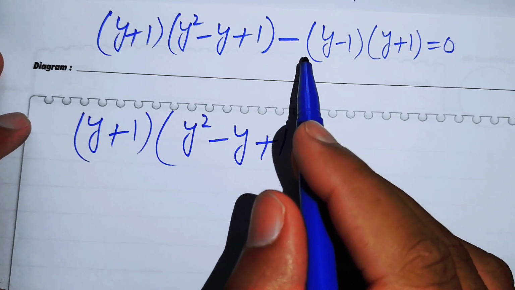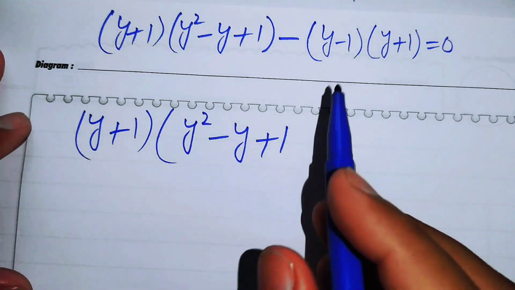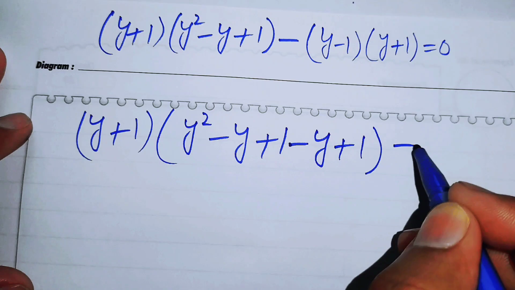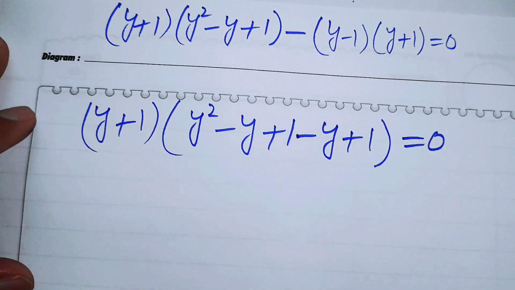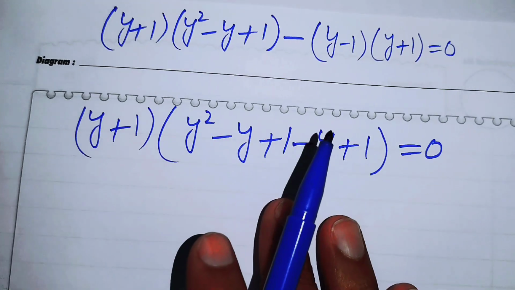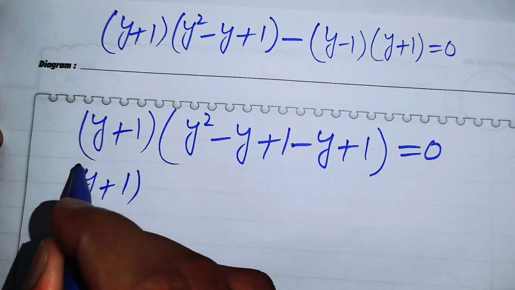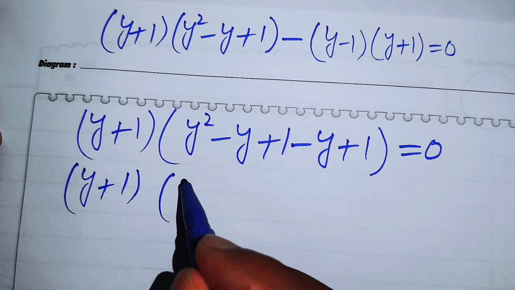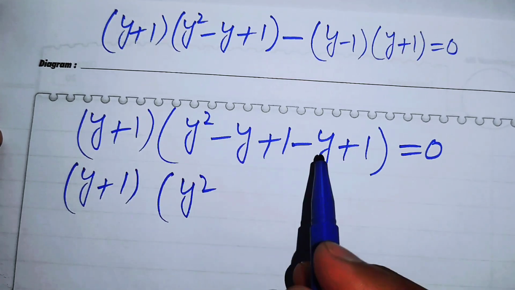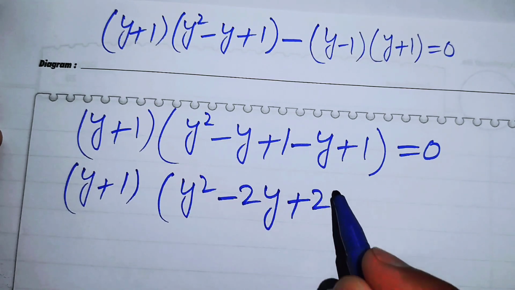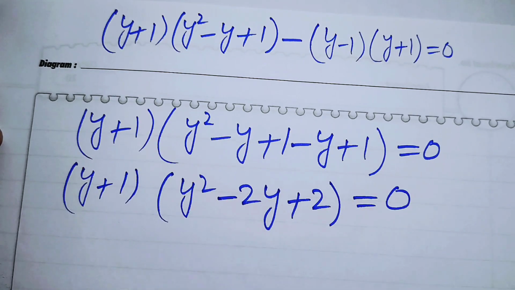And now we multiply this minus on both of the terms, so that you get minus y plus 1 is equal to 0. Now we simplify these two terms and you get y plus 1 times y squared, here you have minus y and minus y, minus 2y, and 1 plus 1 is equal to 2, and the whole is equal to 0.